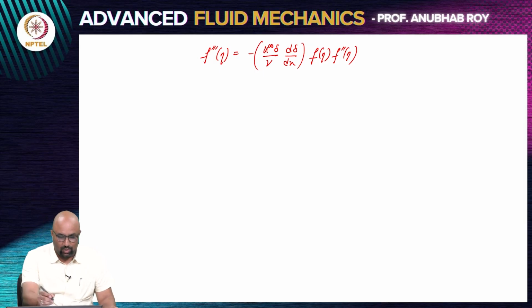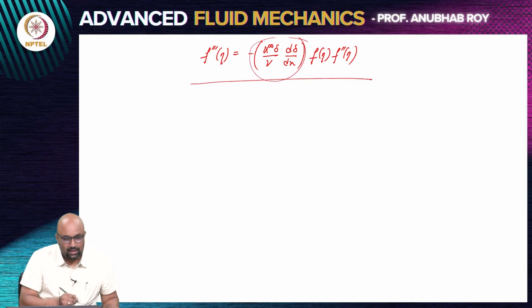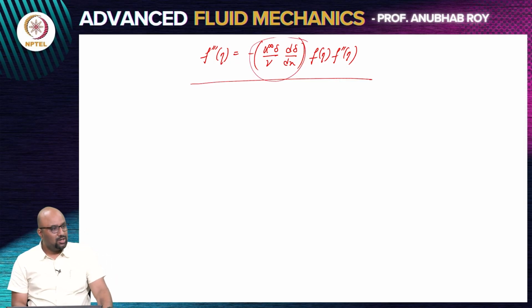If that's indeed what should happen, then this coefficient should be independent of x, because you look at the left hand side. The left hand side is purely a function of eta. It's neither a function of y explicitly or x explicitly, it's only a function of eta, which means the right hand side should also be purely a function of eta, not an explicit function of y or x.